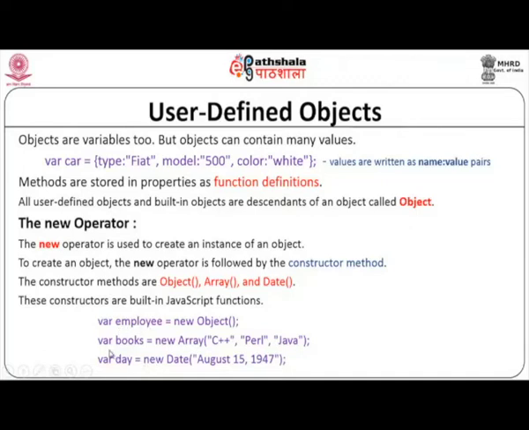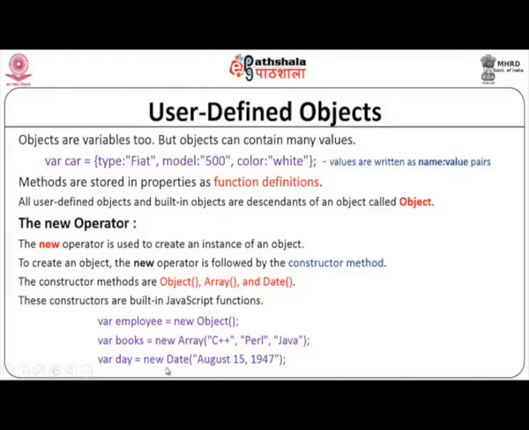Now you can also create an array, as we have seen in the earlier slides. We saw how to create an array. Creating an array uses the keyword called Array. Array is a predefined object in JavaScript. So you create a variable called books and then use the Array object to create an object. And in the third statement, you can see you create a date object.